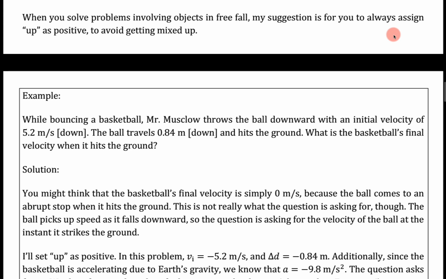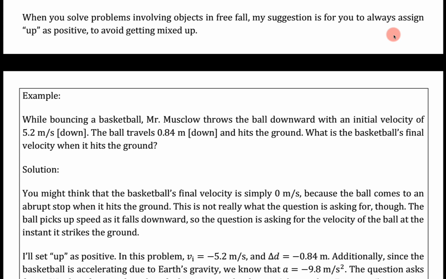One last comment that I'll make before we look at our first worked example. Whenever you solve problems for objects that are in free fall, as always, we need to assign a direction as positive. And my suggestion is for you to just always assign up as positive.